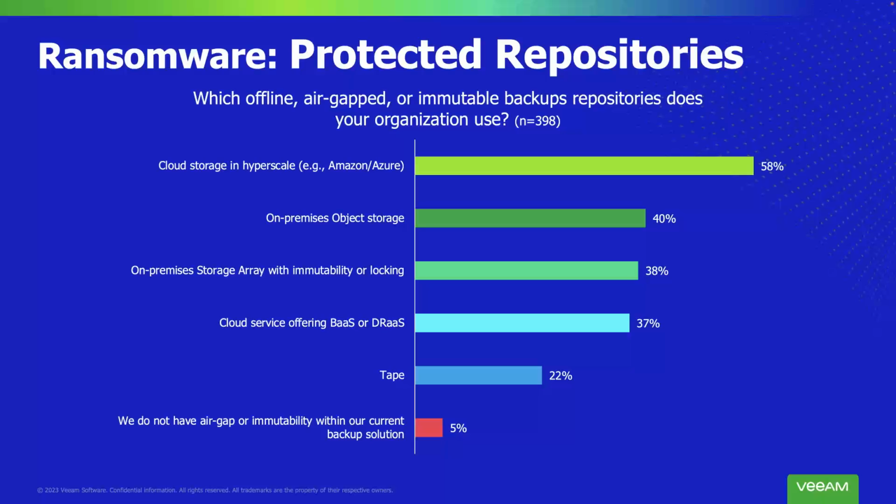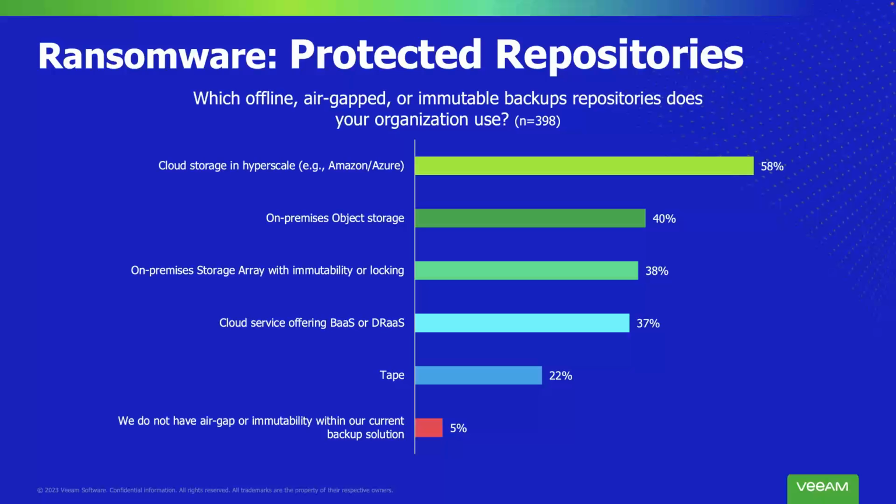All right. So one of the key things that we notice in general is that we are seeing more and more customers using public cloud or hyperscalers to store their backup data, right? In this case, Amazon and Azure, 58%. We are also seeing more and more customers using object storage to store their backup data sets on-prem, right?